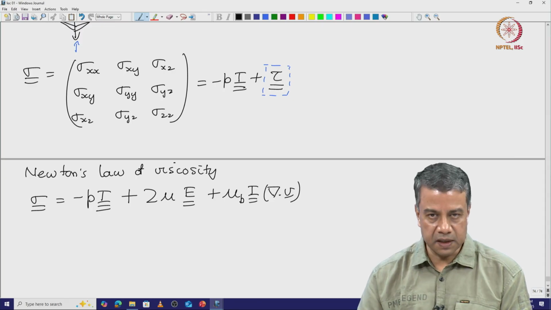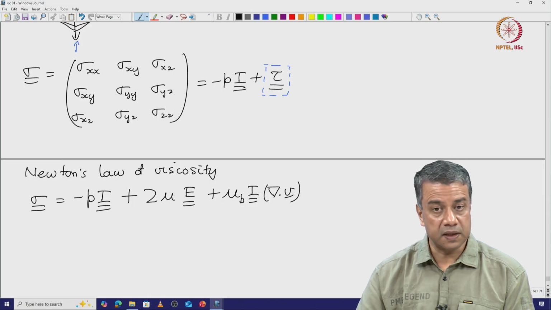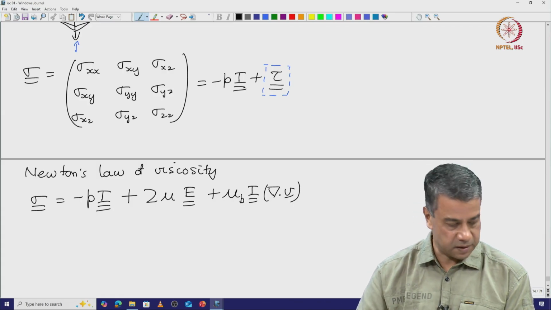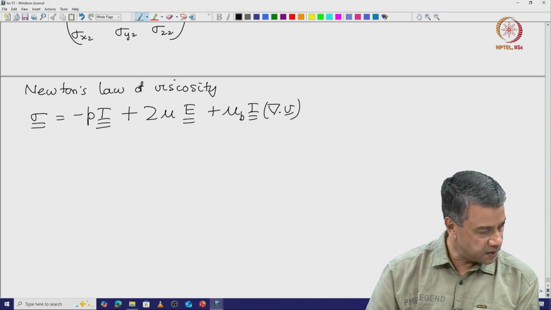So, this is the linear relationship between the stress and the velocity gradient. You cannot write it directly in terms of the velocity gradient because the velocity gradient need not be symmetric, whereas the stress has to be symmetric. So, it has to consist of these parts.